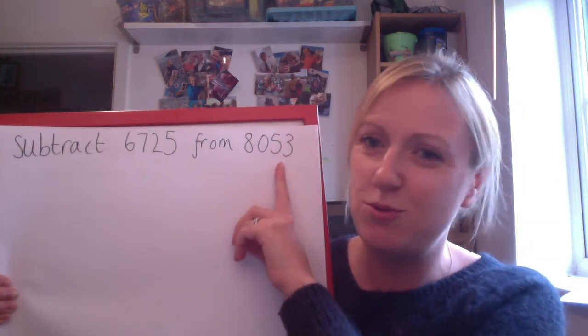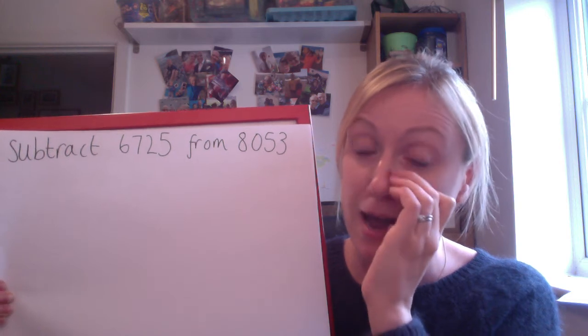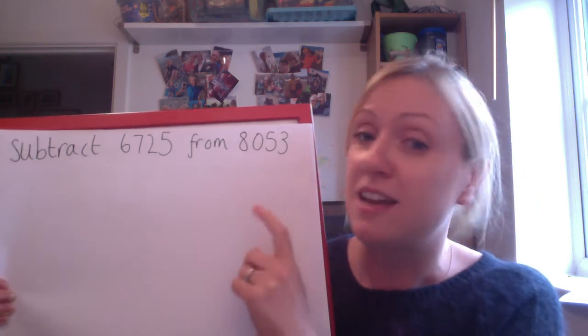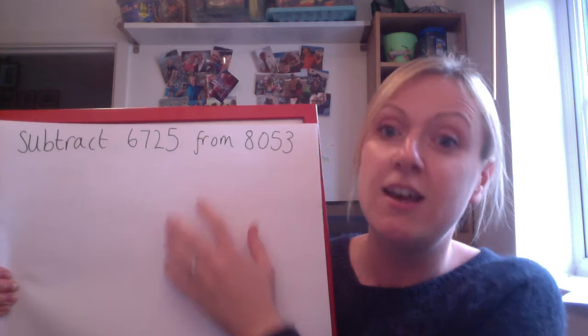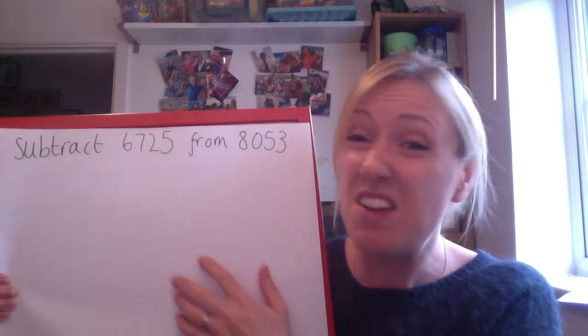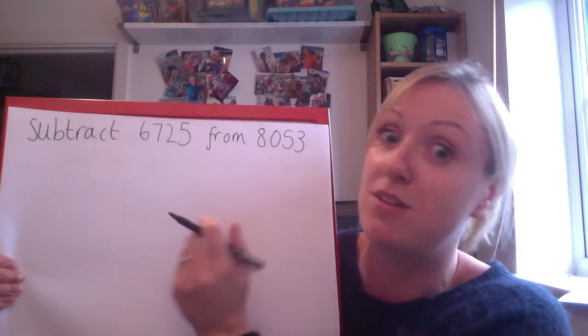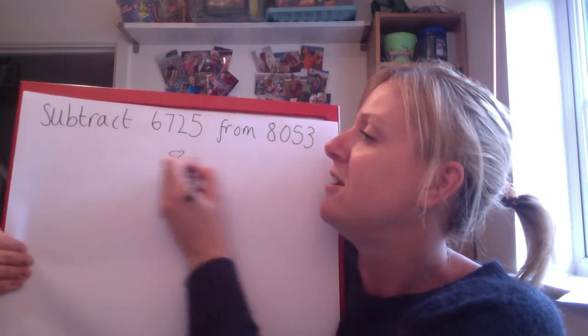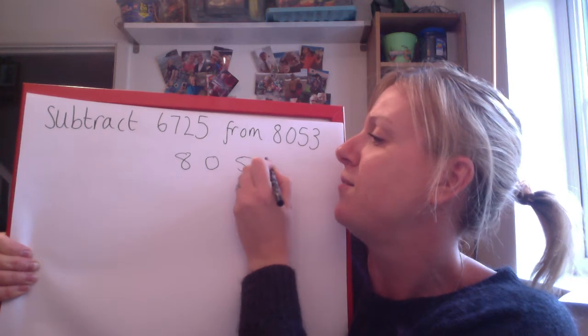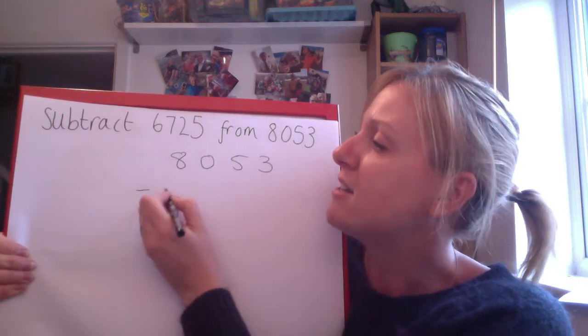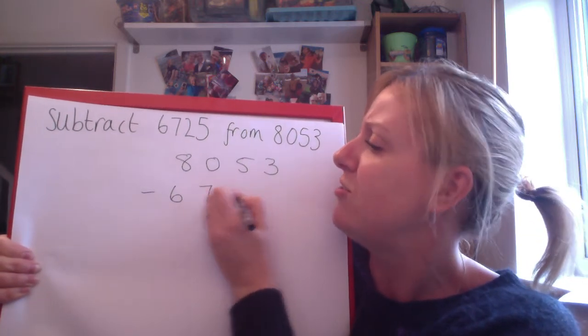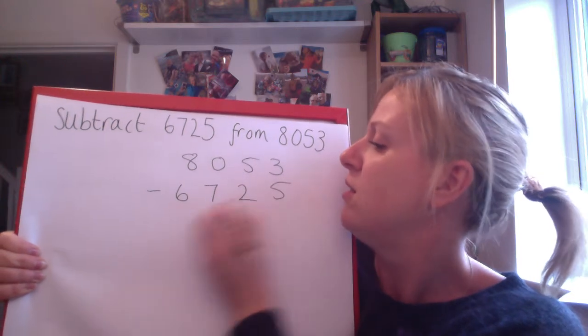But I know that we've talked about subtraction this year already, and we know that when we're subtracting, we put the bigger number first and take away the smaller number. So even though it came last, the first number I'm going to write is 8,053. And I'm going to subtract my 6,725 from it.